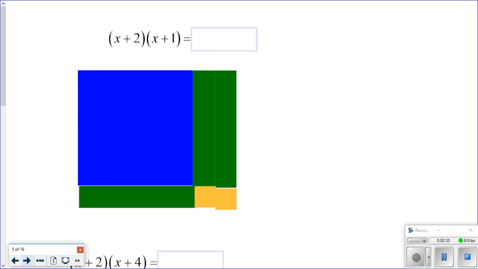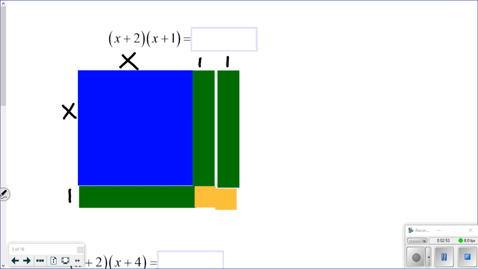So if we're multiplying, go back to multiplying a little bit because that's going to help us realize what's going on. Look, I have x plus 2 because this is a 1 and this is a 1. So we have x plus 2 on the top, and on this side we have x plus 1. Right, this 1 plus 1 makes 2.